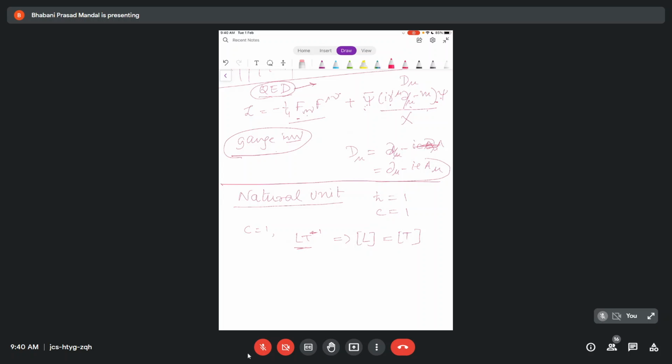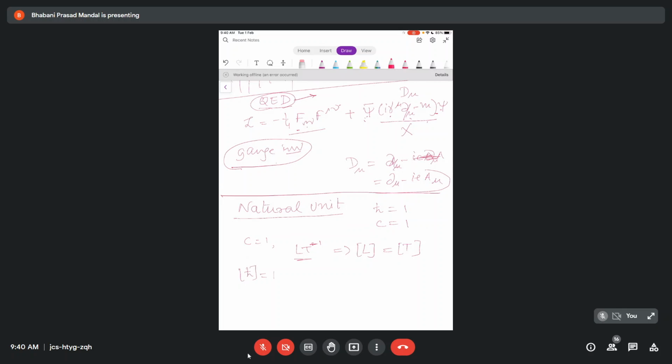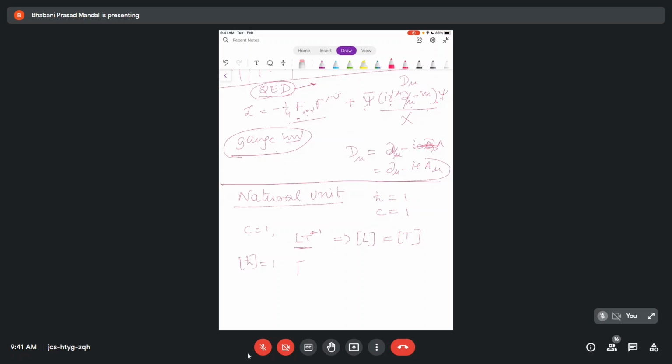Now h-bar. Next you are taking h-bar, Planck's constant, equal to 1. That means you are making the dimension of this also 1. So Planck's constant is energy times time.